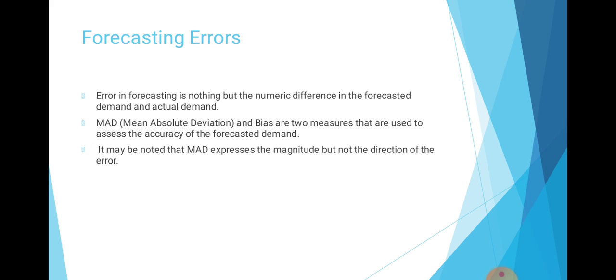If we observe the average forecast error for a time series of forecasts for the same product or phenomenon, then it is called a calendar forecast error or time series forecast error.